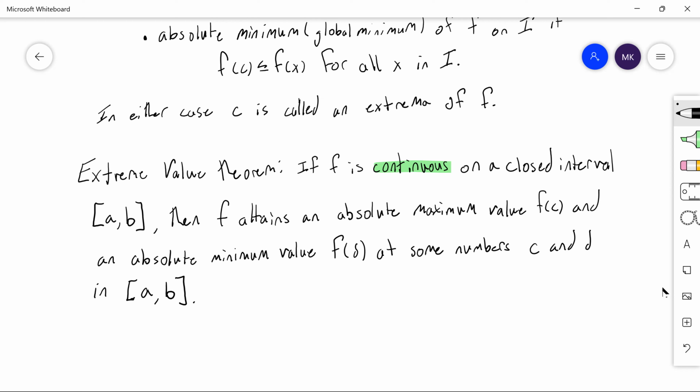That's also the case if it's an open interval; then it is not guaranteed that these exist. So the function has to be continuous and on a closed interval for this theorem to apply. Another thing that gives us continuity, remember, is if a function is differentiable on an interval, that means it is continuous on that interval.